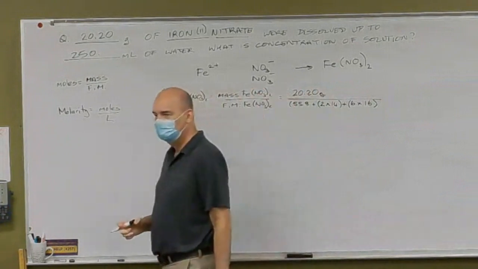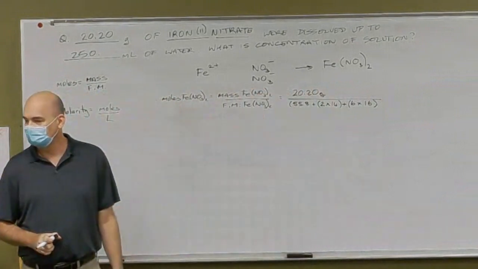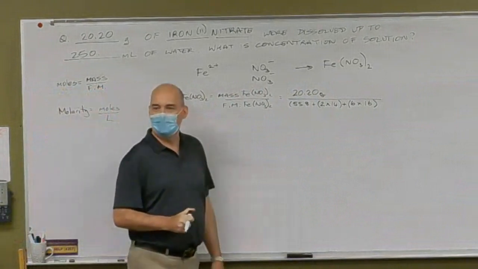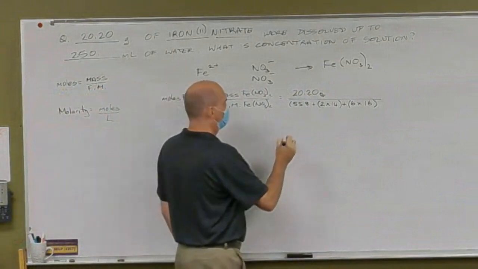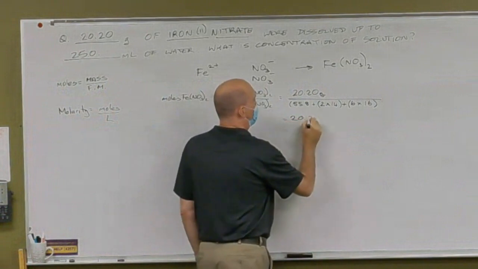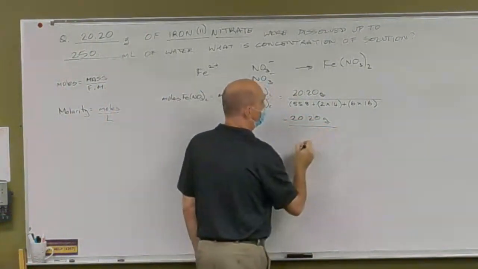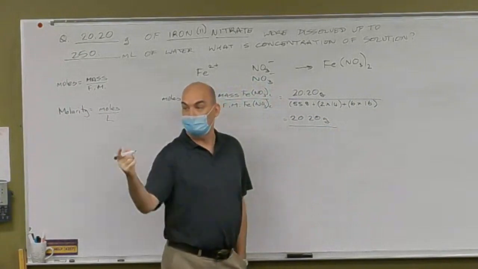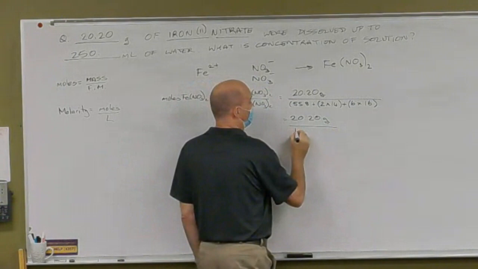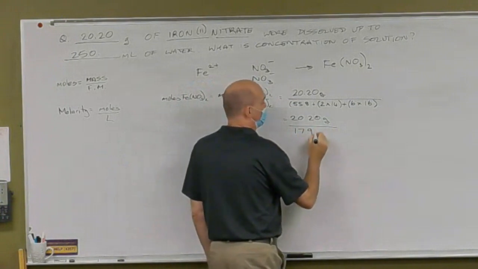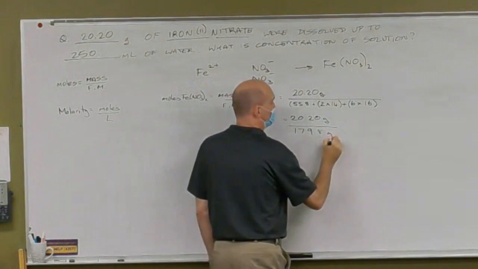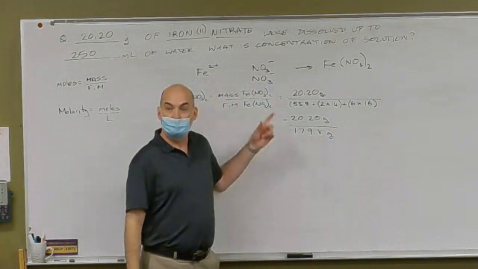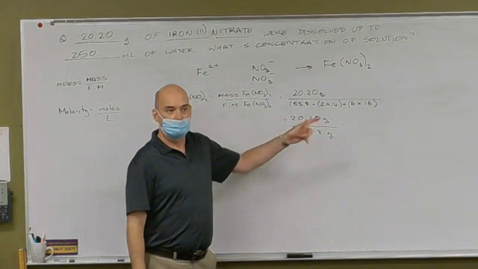What's the actual number? Maybe I got it wrong in my head. What's the actual answer? What's the formula mass of iron nitrate? There you go. So you both agree, which means I'm wrong. I didn't carry something. Divide those 2 numbers.